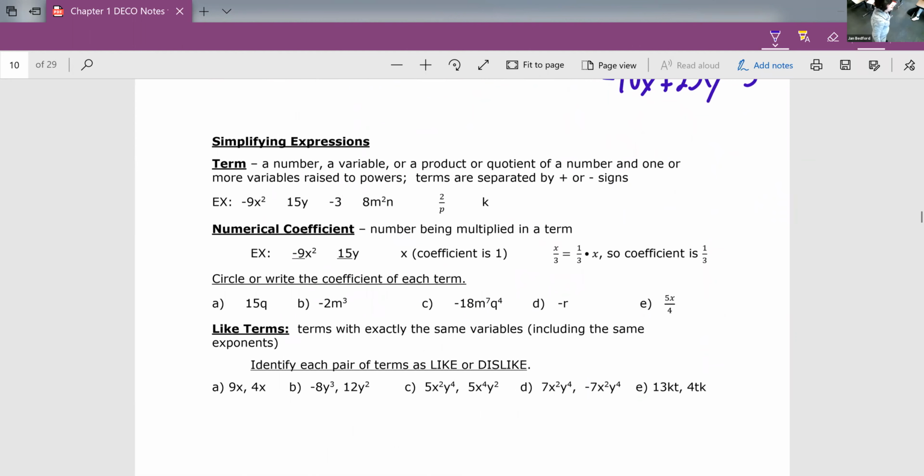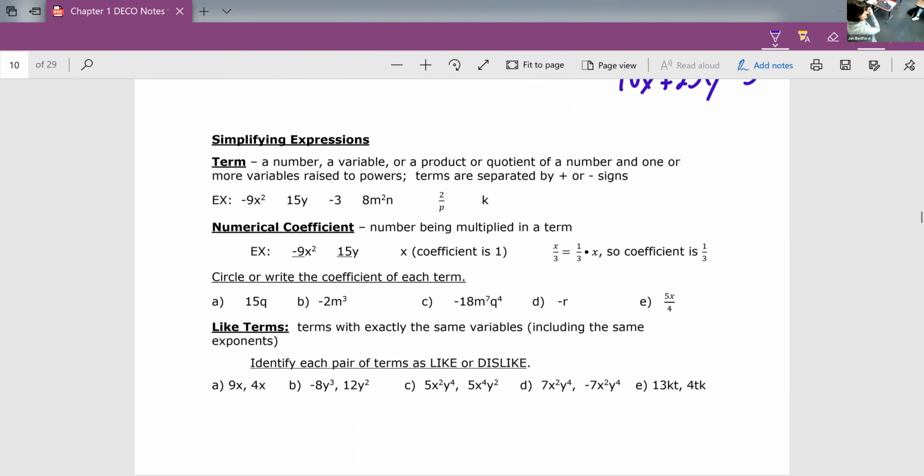Okay. Simplifying expressions. If you are looking for terms, and I just talked to you about terms, they are separated by what? Remember? Plus signs or minus signs. Things that are multiplied together, like negative 9 times x squared, or 15 times y, or 8 times m squared times n, those are just one term.